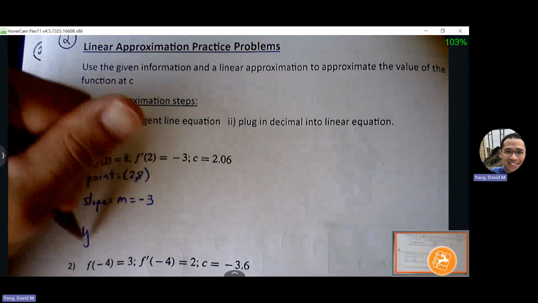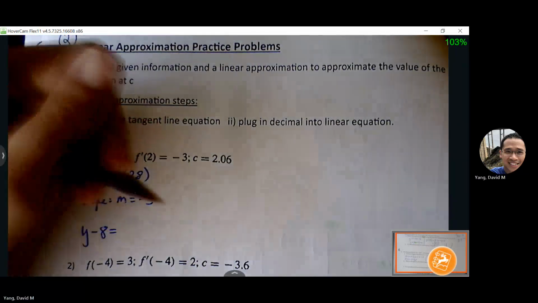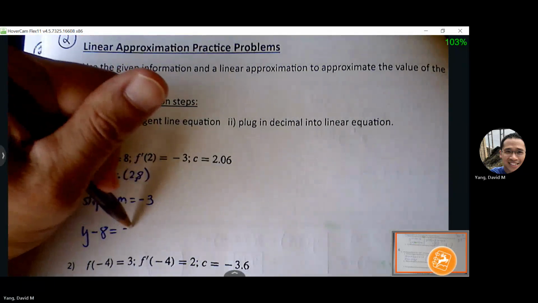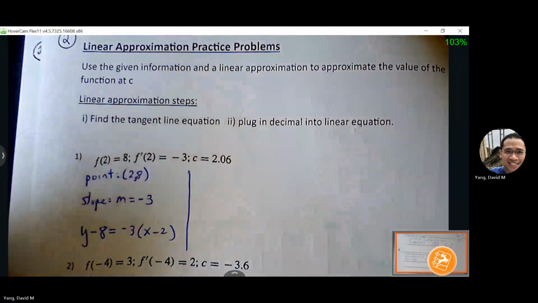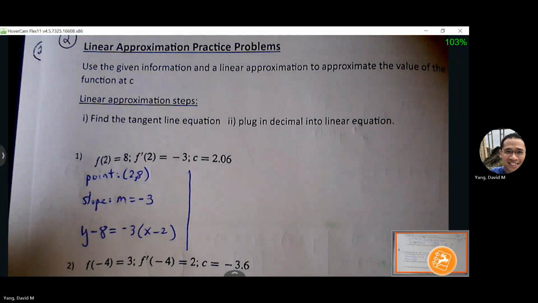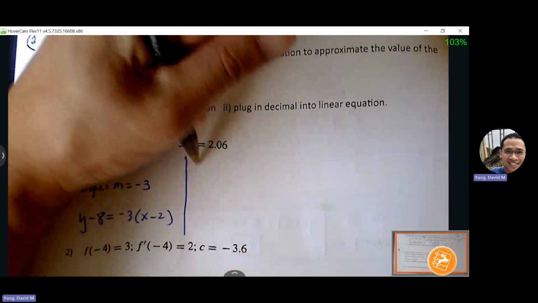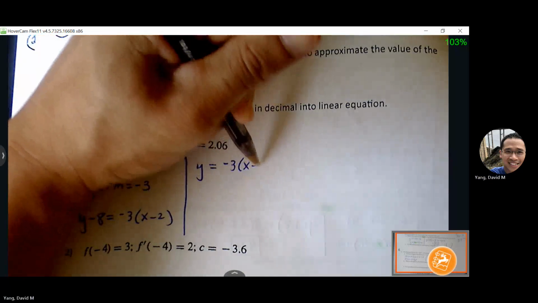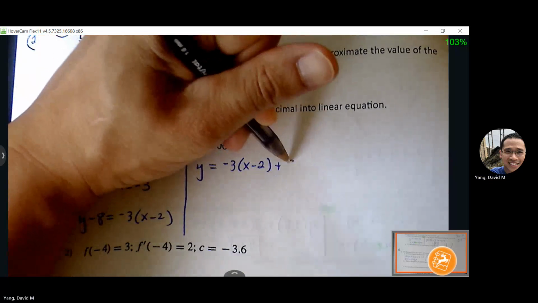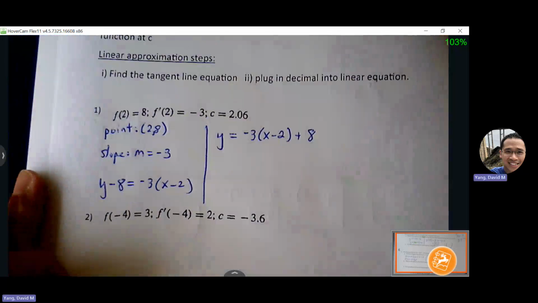Point slope form. Let's just move that 8 over to make it a little bit cleaner. And then the final step.